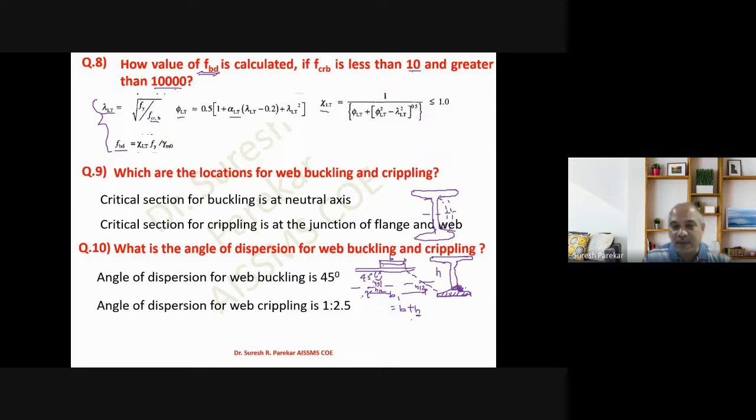Then in case of web crippling, we have already seen that the crushing is at the junction, and then we have to plot this angle. Again this will be the bearing length, and from this we have to plot. Here the slope is 1 vertical to 2.5 horizontal. This is our thickness of flange, and this will be considered as root radius.